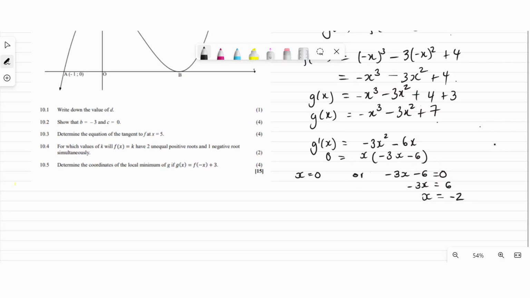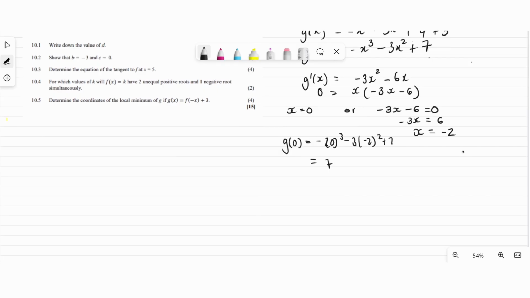So now we're going to substitute the 0 and negative 2 into the original to check. So g of 0 is going to give me 7 here, so the coordinates are 0 and 7. Then g of negative 2 is going to be 3, so the coordinates are negative 2 and 3, right?